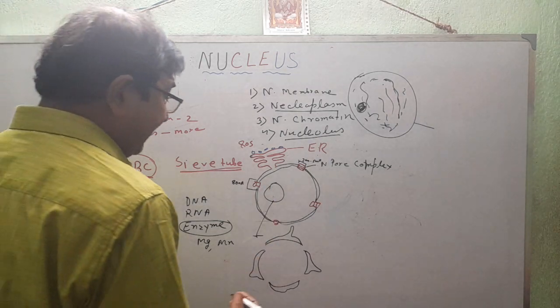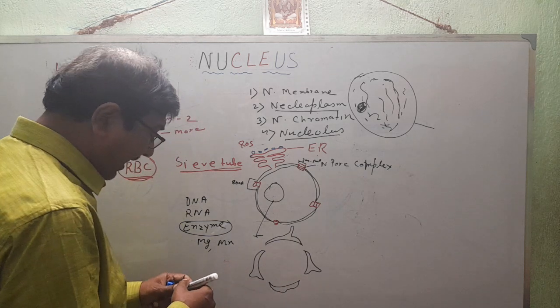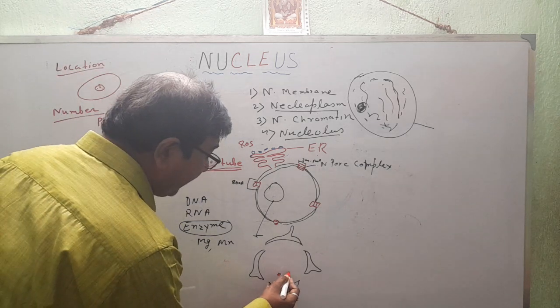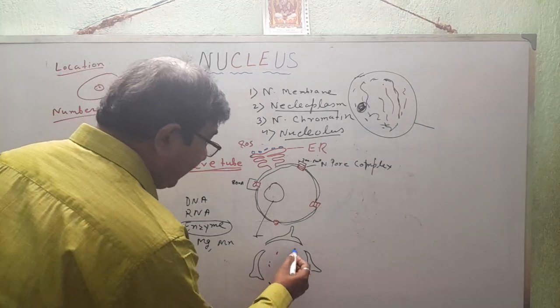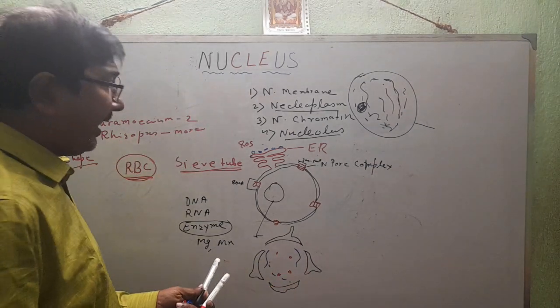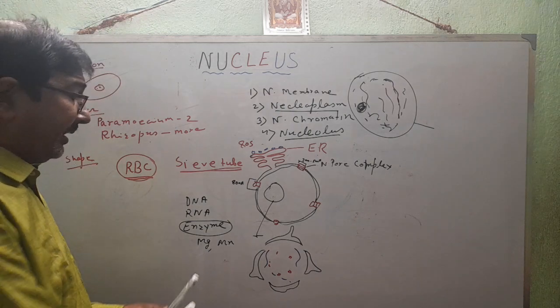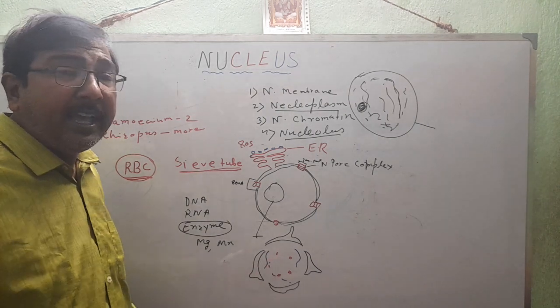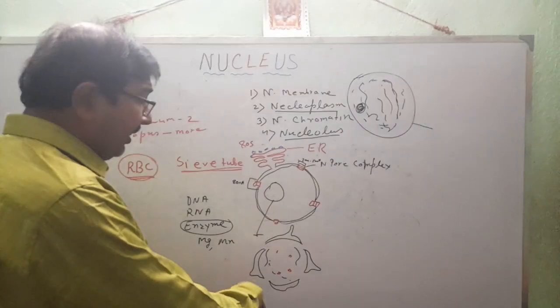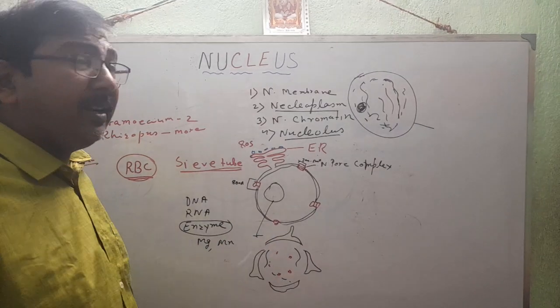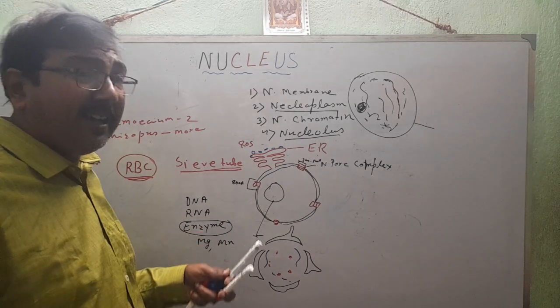and thread-like structures, and some round granular structures are also present. This is called ribonucleic protein. This ribonucleic protein helps in the formation of ribosomes. The size of the nucleolus depends on its function.